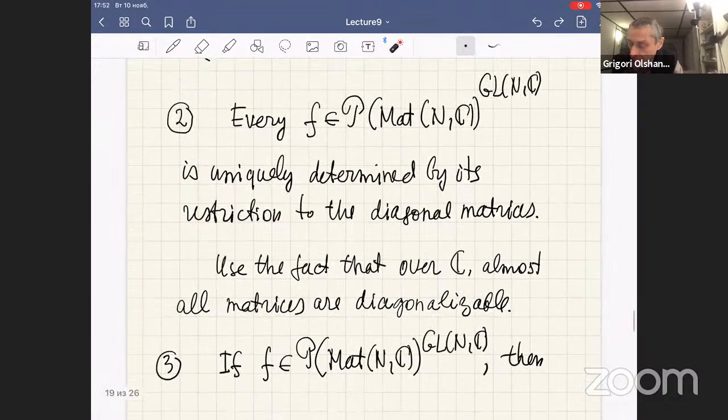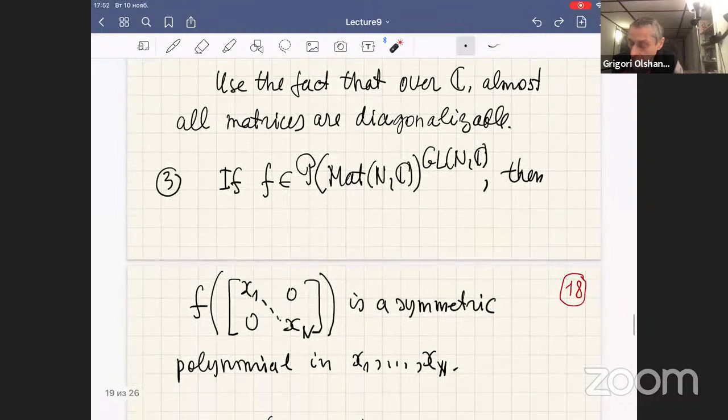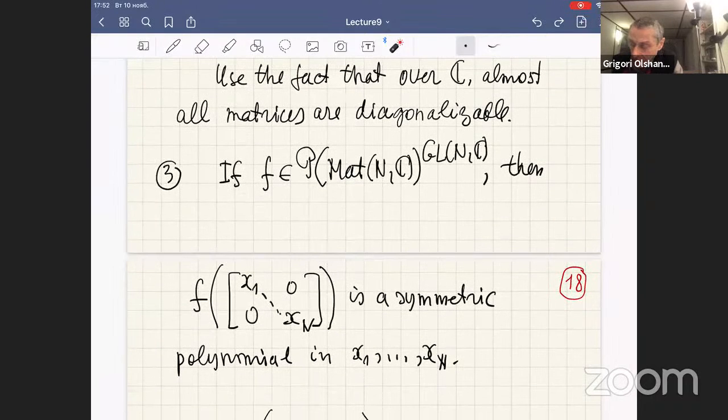Next step? We restrict it to the diagonal matrix, and we remark that it is a symmetric polynomial in these variables, so it's obvious.